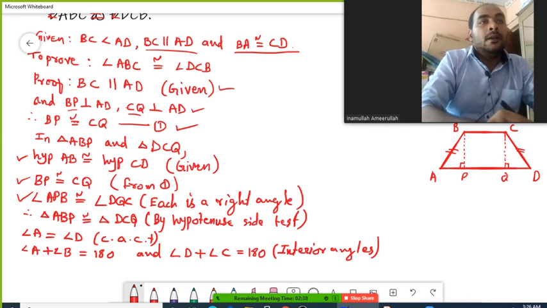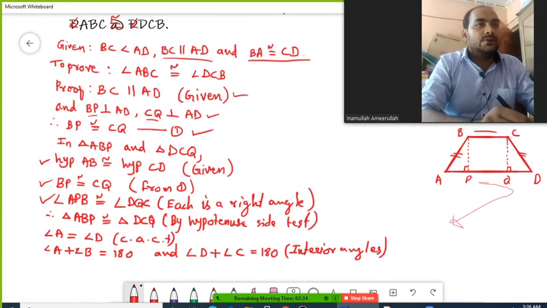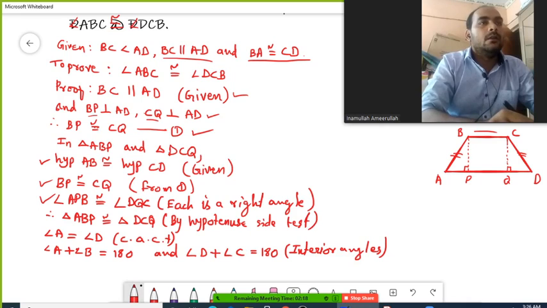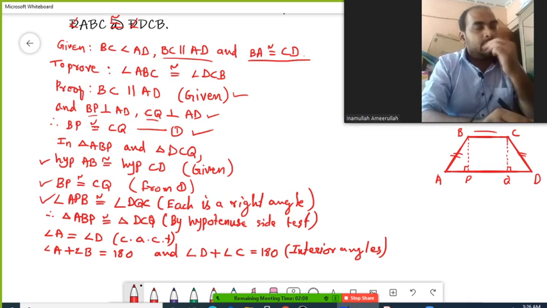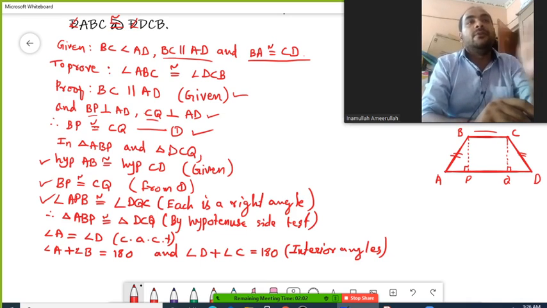BC is parallel with AD, this is already given in our question. So AB can be considered as a transversal, so A plus B should be 180. In the same way, you can change your transversal to CD, so D and C will become 180. They are interior angles made between two parallel lines by two different transversals.